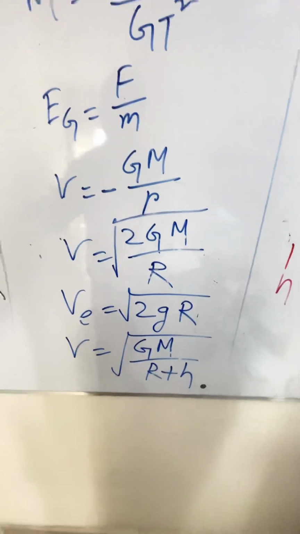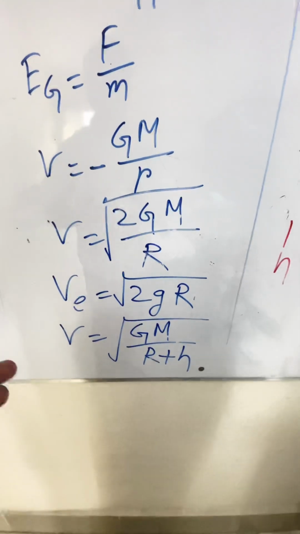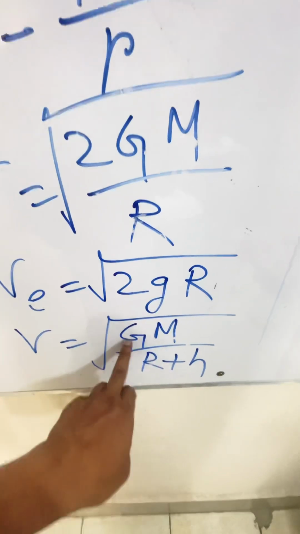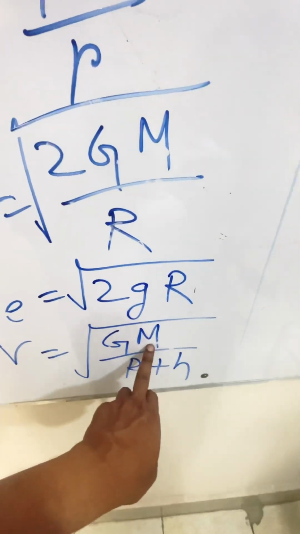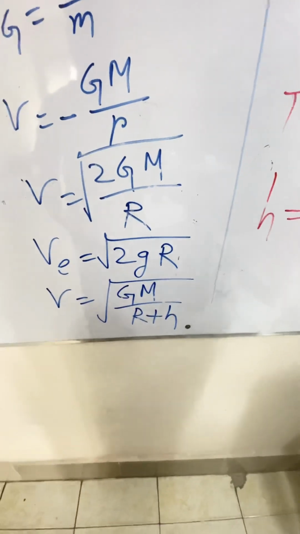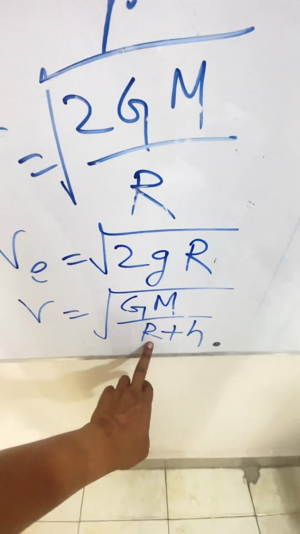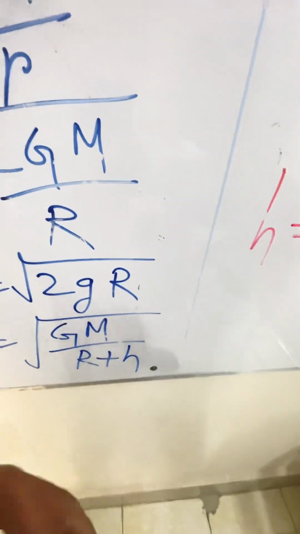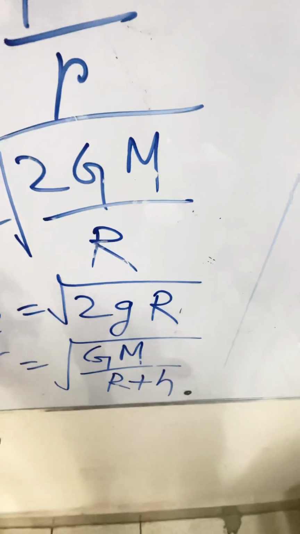For determining that velocity, we just need the universal gravitational constant G, which is 6.67 into 10 to the minus 11 unit, and M is the mass of the earth, which is 6 into 10 to the 24 kg, and R is the radius of the earth.